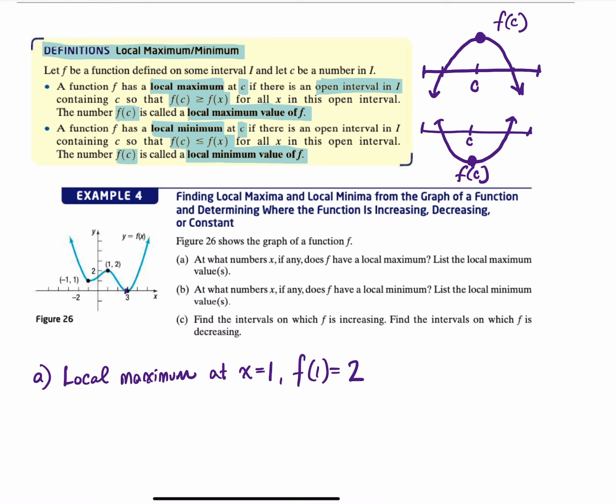And then anywhere else, notice that this function continues infinitely in both directions. So even though we have some higher points here, we can't really state it as a local maximum, because if we were to create a little window around it, there's always going to be another point that's higher than that point.